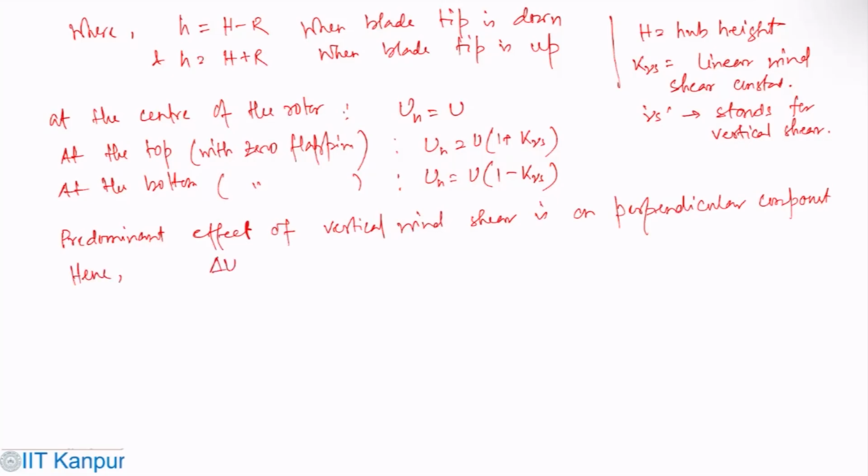Hence delta u_t nu_s on the tangential component is assumed to be zero, while delta u_p nu_s equals minus U r by R K_nu_s cos psi. Similarly, one can include the horizontal wind shear as well.